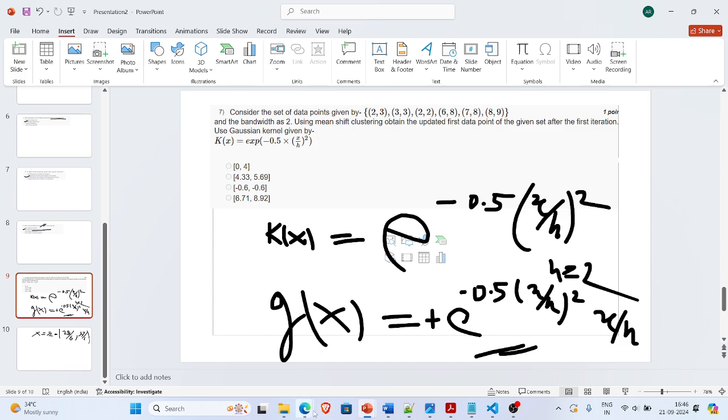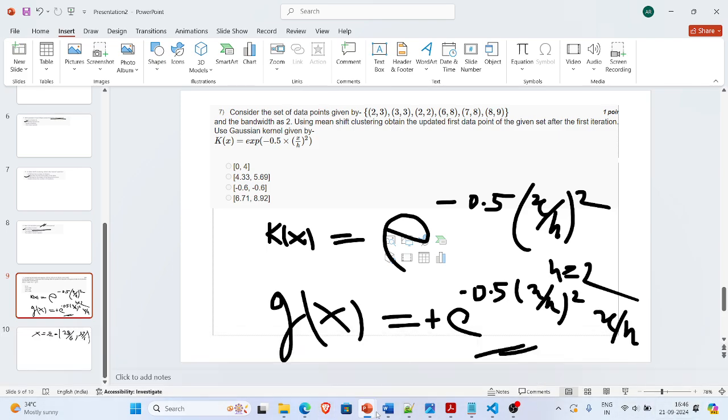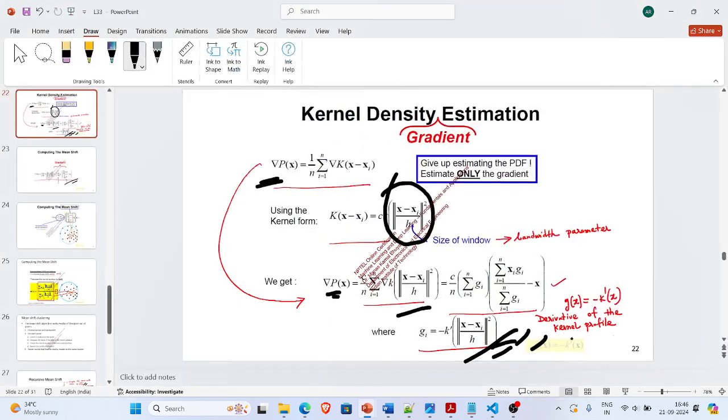So maybe I'll show you some of the calculation. Any doubt up to this point?